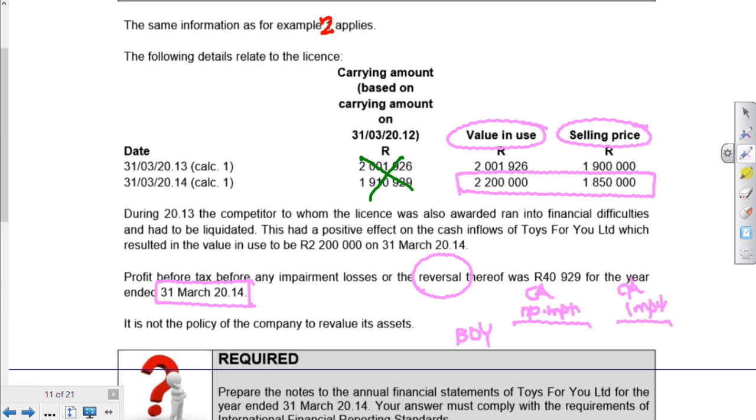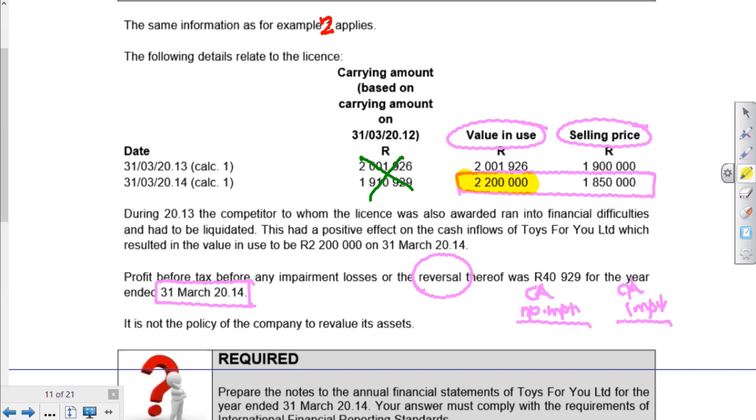Basically, I need beginning of year to end of year for those, and I need you to work out what the reversal would be. This bit's fairly obvious: the higher of value in use or selling price is clearly that one, so that's what we would want to reverse to.